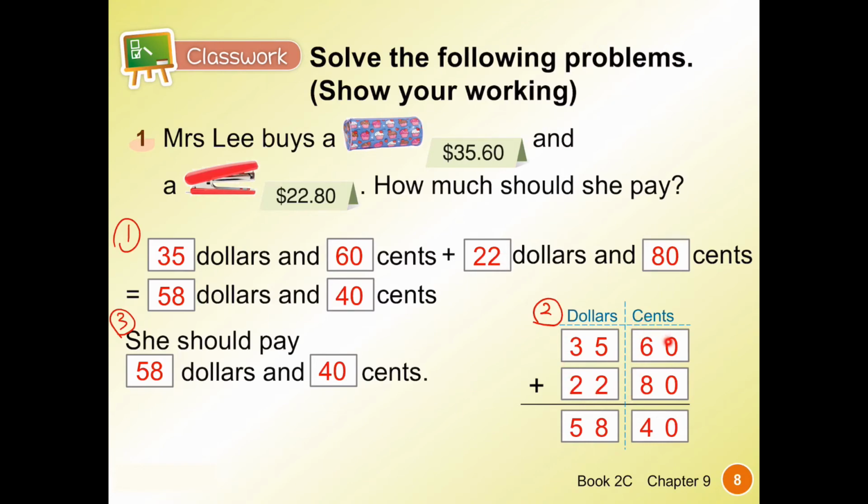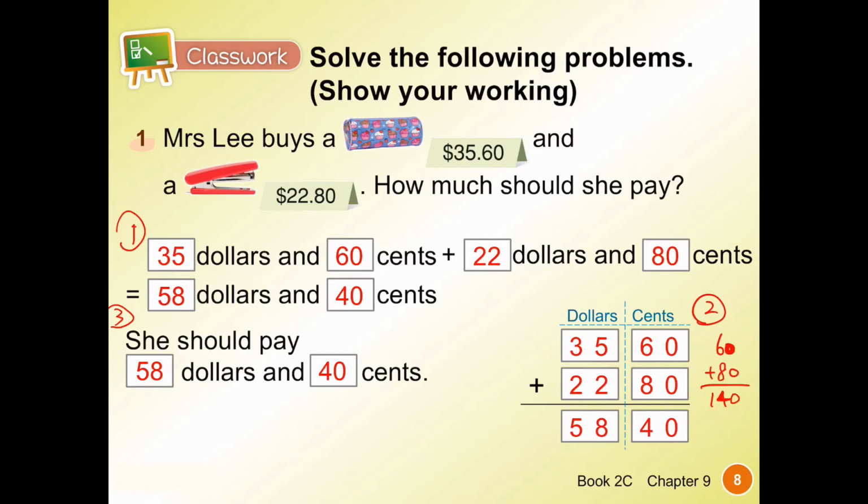And we always work with the cents first. So 60 plus 80 equals 140. So we have 140 cents, which is $1.40.